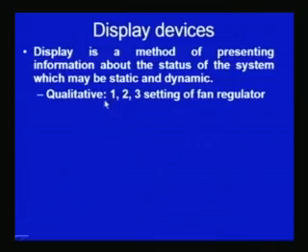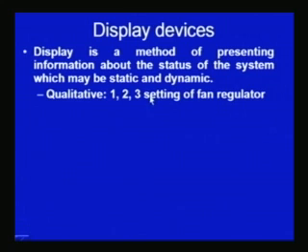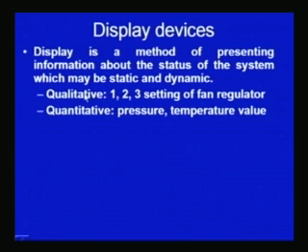It is just symbolic, that is when the control position is changed, it affects the speed of the fan. 1 is for minimum, 2 is for somewhat higher, 3 is for further higher.